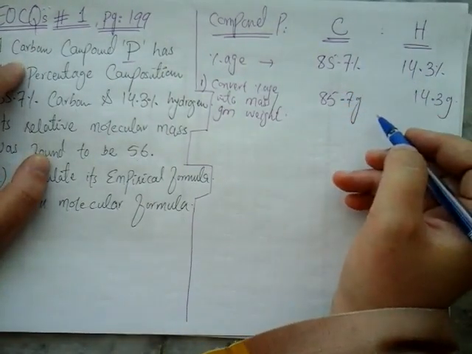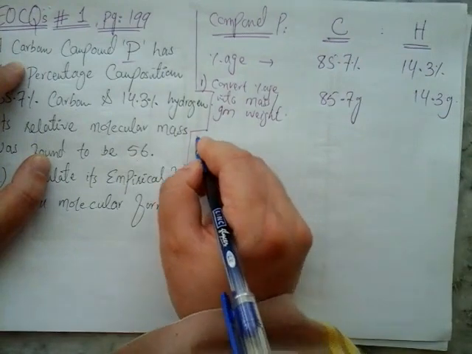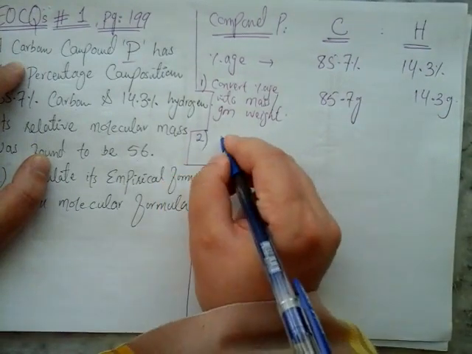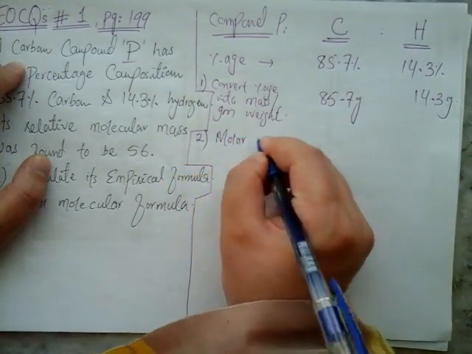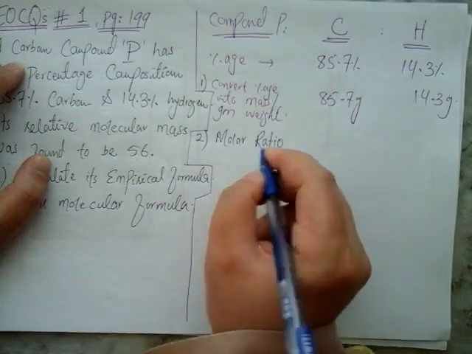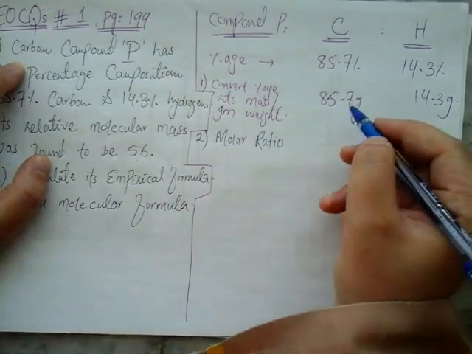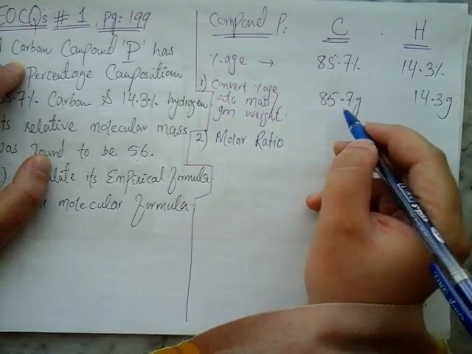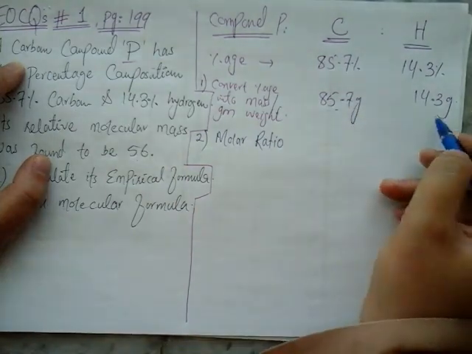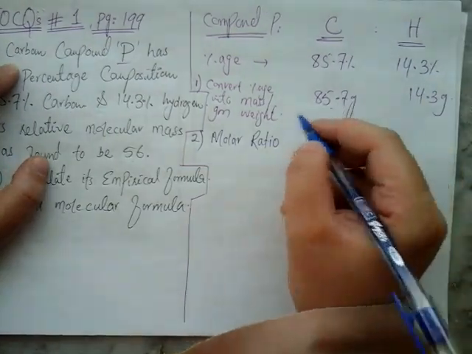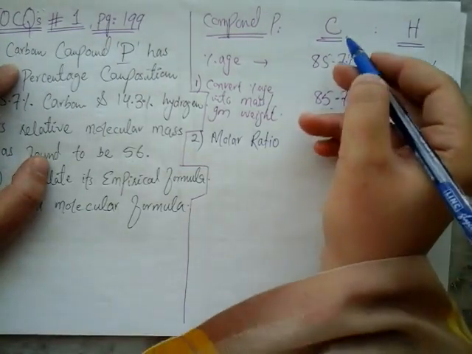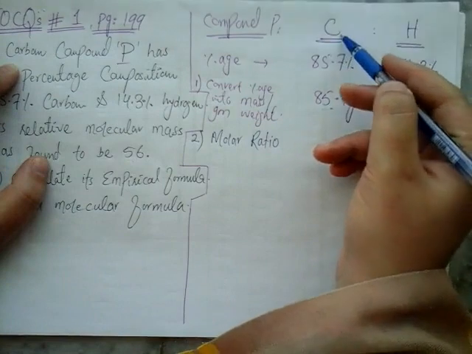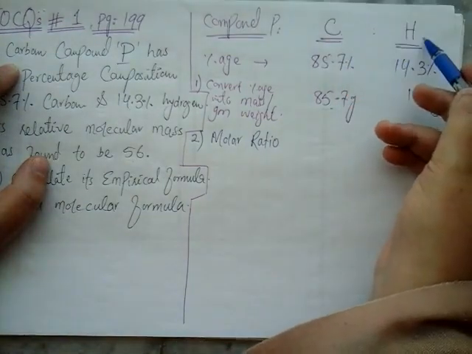Okay, so in the second step, we have to find the molar ratio. For this we need to convert the given weight into moles. We know that the atomic mass of carbon is 12 and that of hydrogen is 1.